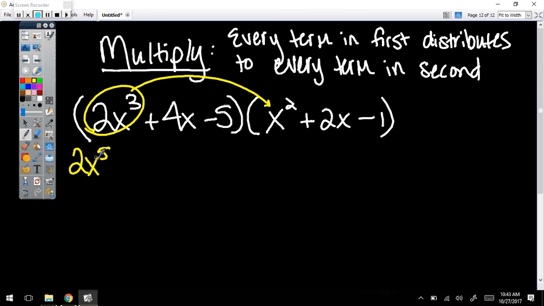So now we take it here. One more: 2 times 2 is 4. 4x to the third, 4x to the fourth.